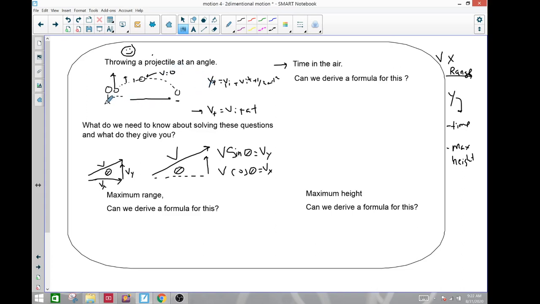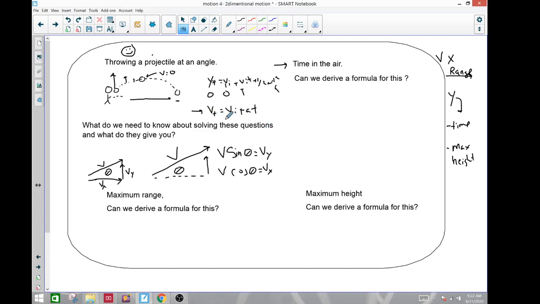Now, if it's on flat ground, you could say I start at 0 and I end at 0, so what time will it take to get back to 0? That's another option, and it's a quadratic at this point. You need your initial velocity, solve it out, and you'd have the time.